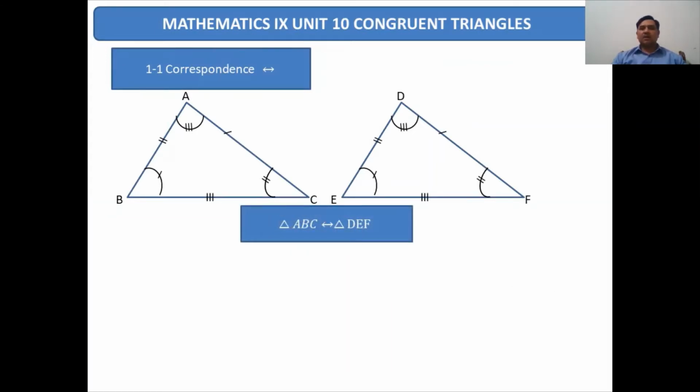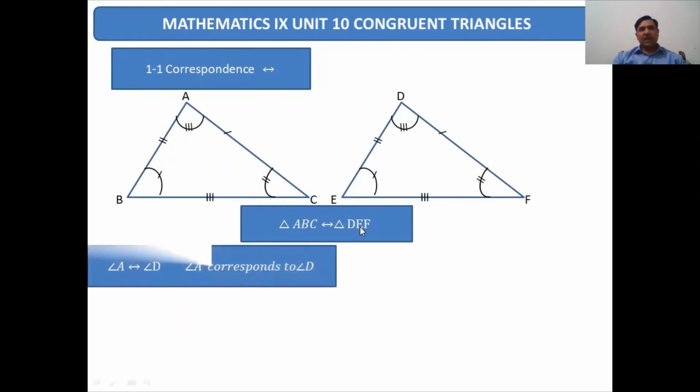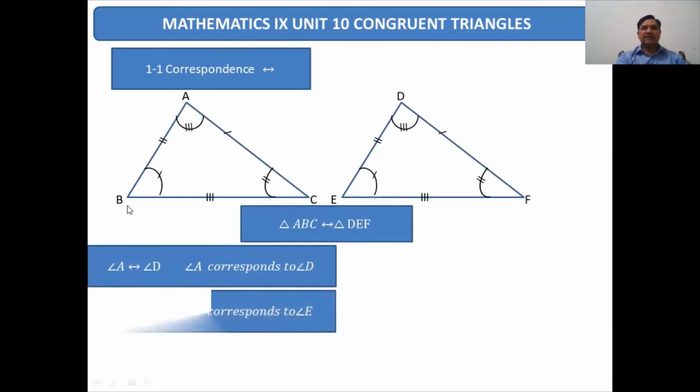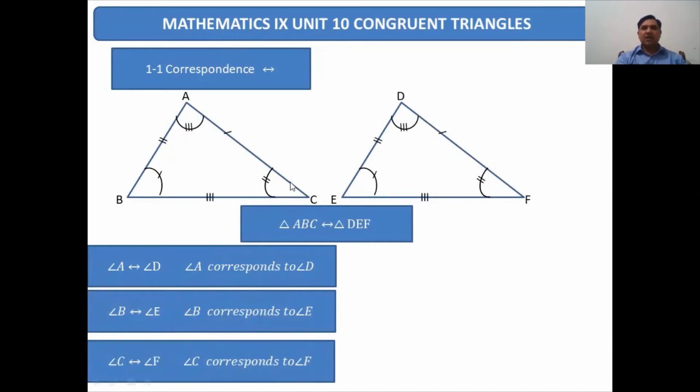In 1-1 correspondence between triangle ABC and triangle DEF, angle A corresponds to angle D, and angle B similarly corresponds to angle E. Angle C corresponds to angle F.